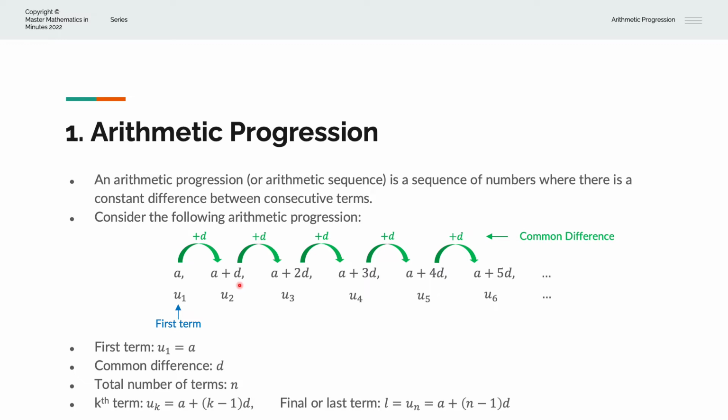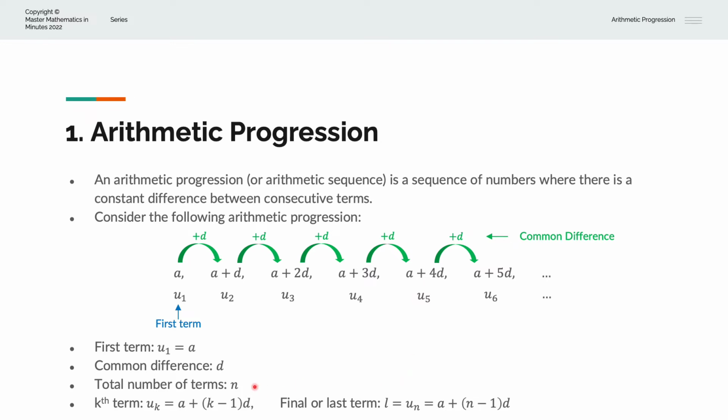Say if we're looking for the fifth term, we'll put in k equals 5, and that's u5. Replacing k by 5, 5 minus 1 gives us 4, or 4d, and that matches a plus 4d.